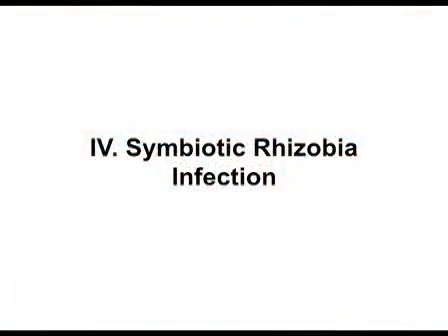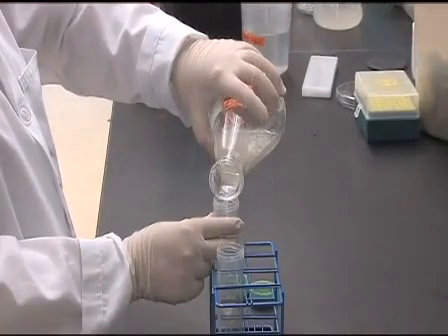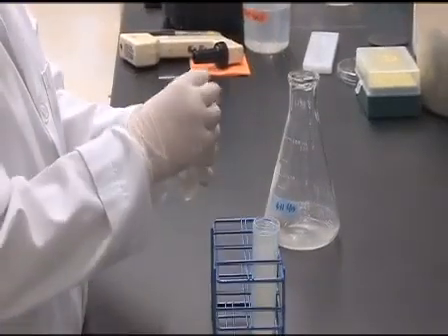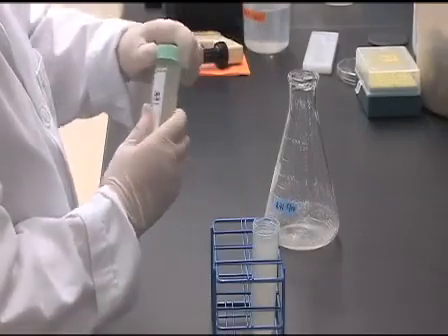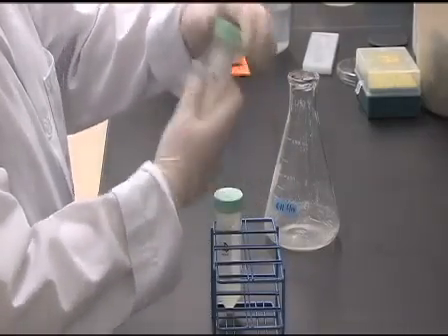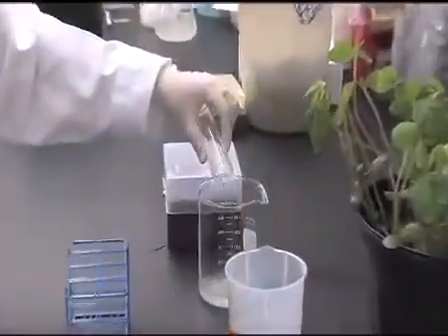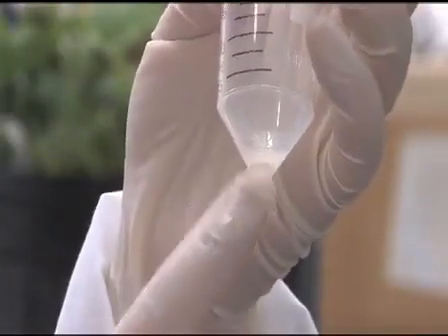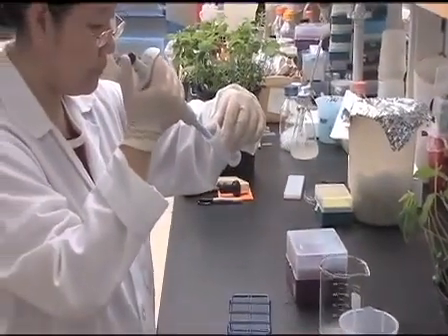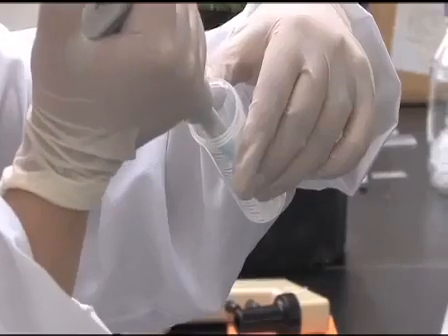For symbiosis experiments, grow the rhizobium in a yeast extract mannitol medium for 7 days at 30 degrees Celsius. Collect the rhizobia cells. Resuspend the pellet with the nitrogen-free nutrient solution.